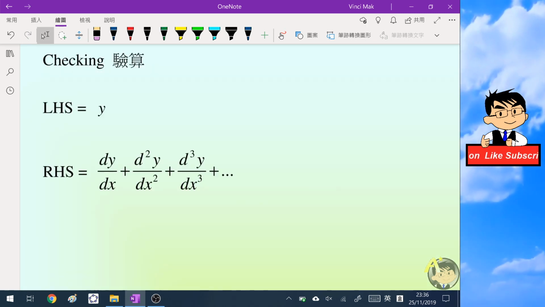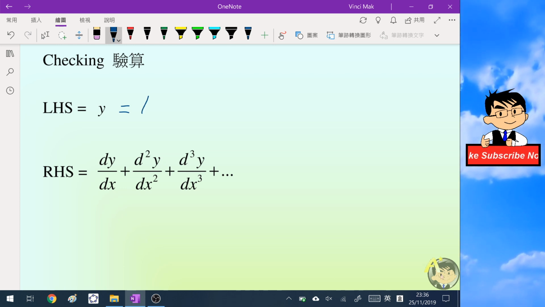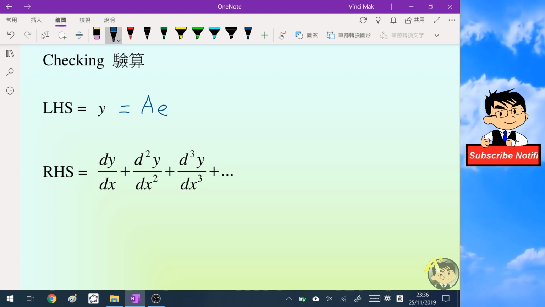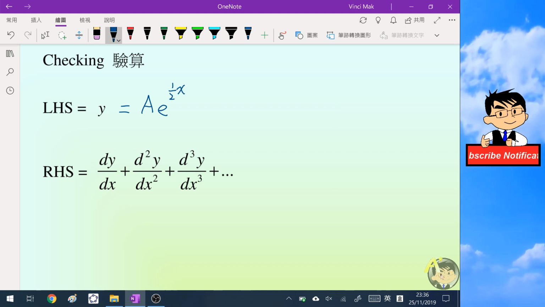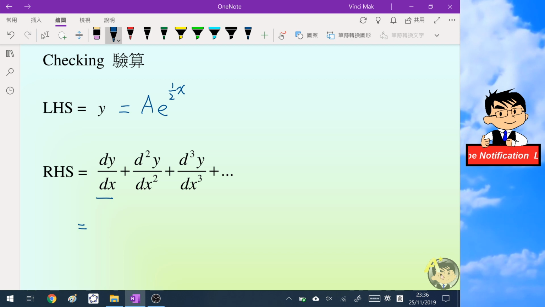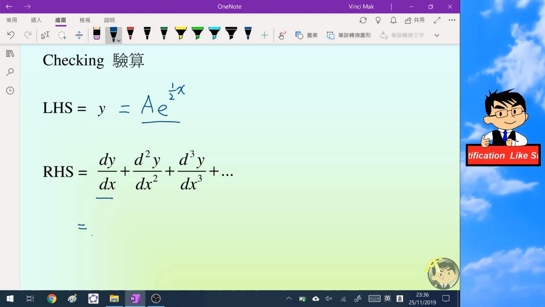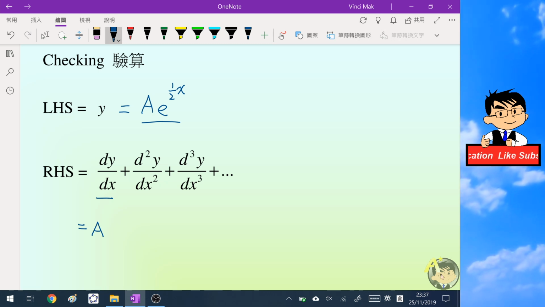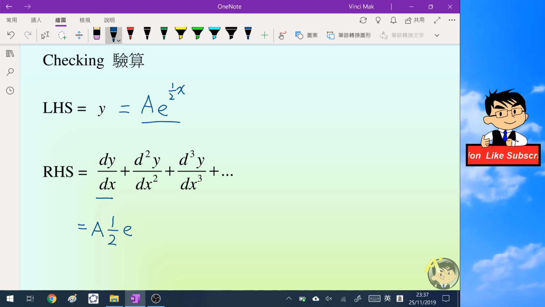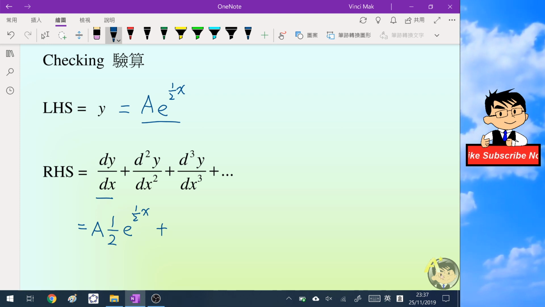So let's check our answer. On the left hand side we have y, which is equal to a times e to the power of half x. On the right hand side we have the first derivative, which is a times half e to the power of half x, plus the second derivative.